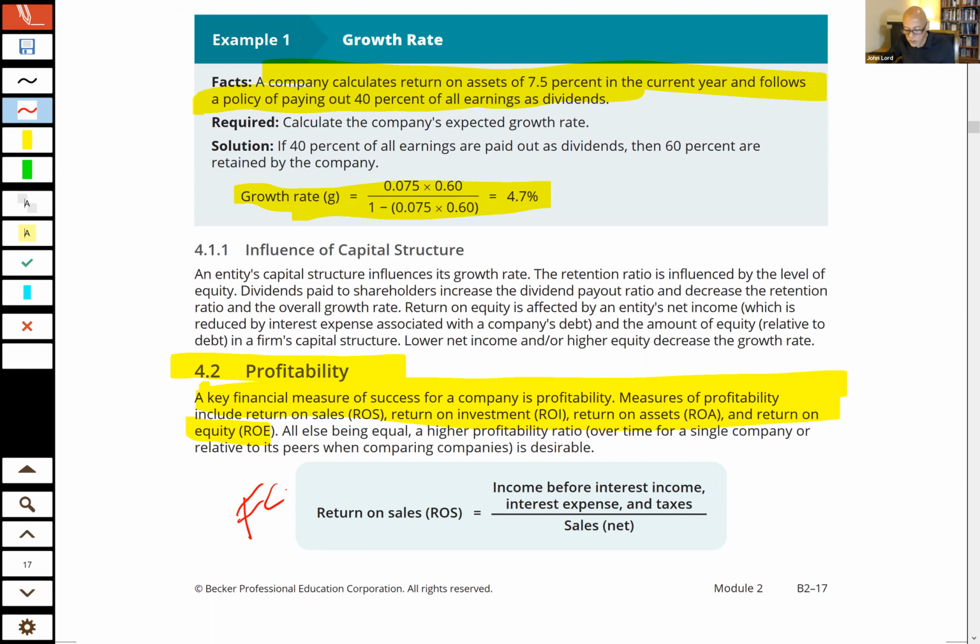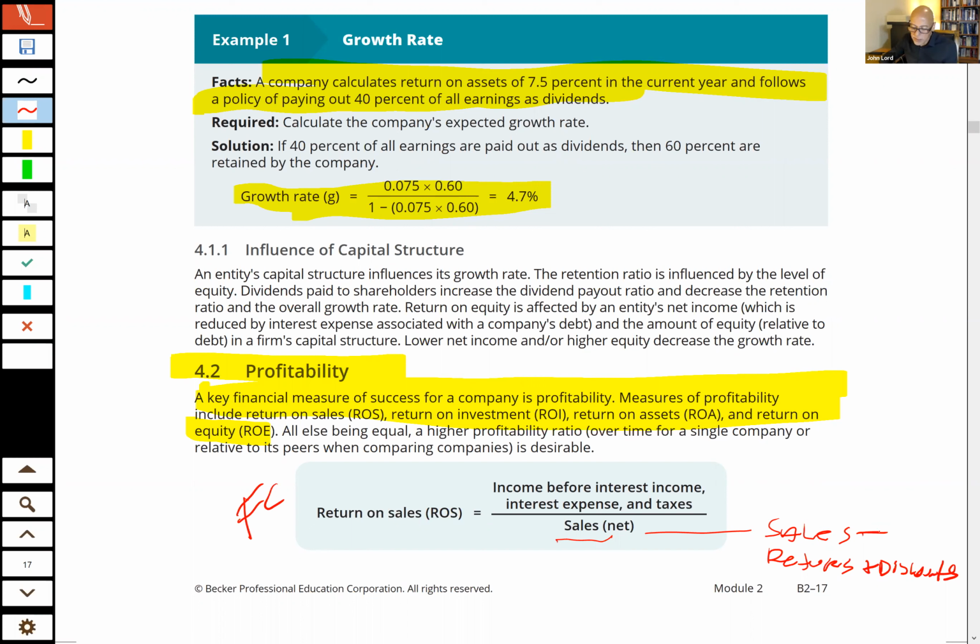Return on sales is going to have our net sales. That's what? Sales minus returns and discounts. Okay, sales minus returns and discounts is our net sales. And then in the numerator, we'll have our income, but we consider our income before interest, income, expenses, and taxes.